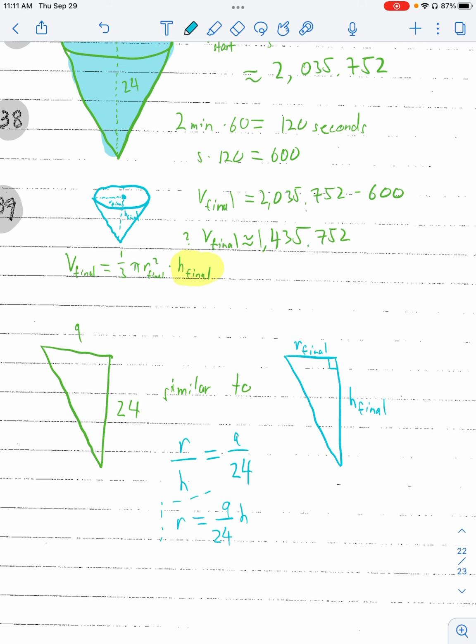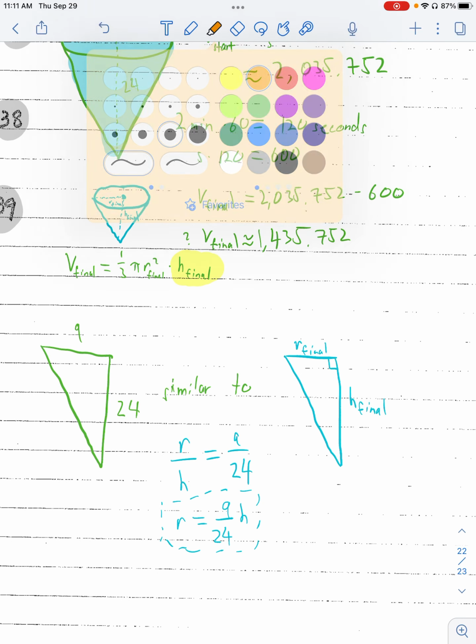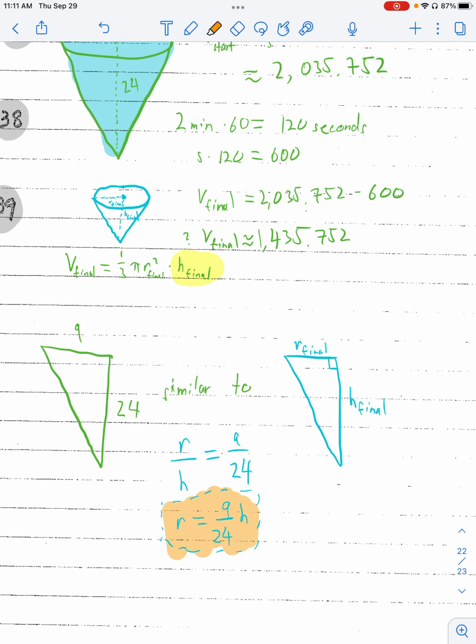Okay, so this is important. Let's highlight this. What we can do then is plug this back into my equation for R final, and we'll have 1,435 equals 1/3 times pi times 9/24 H squared times H. So we'll have one equation and one unknown that we can solve for.